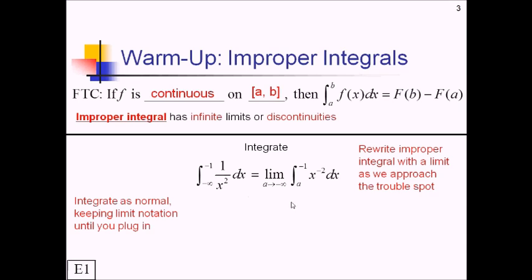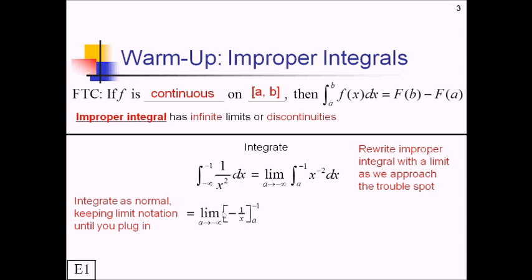Let's find out. So the antiderivative of x to the negative 2, which I rewrote like that to make it easier, is going to be negative 1 times x to the negative 1. So negative 1 over x, and then I'll rewrite that from a to negative 1.